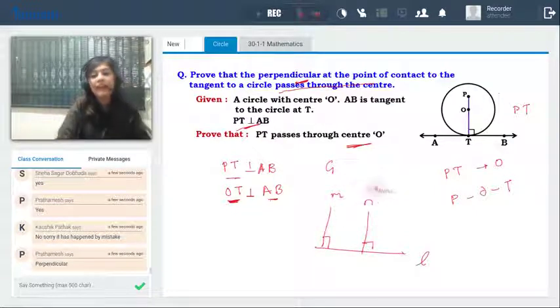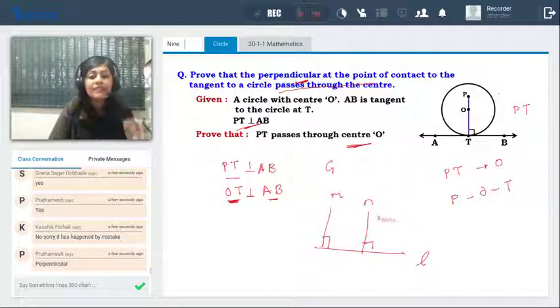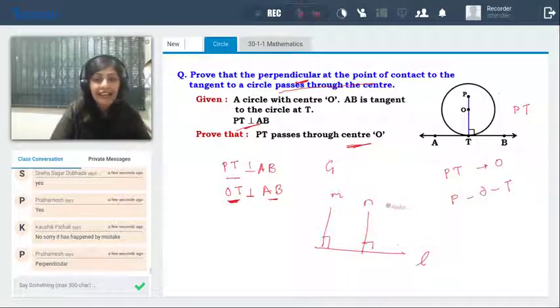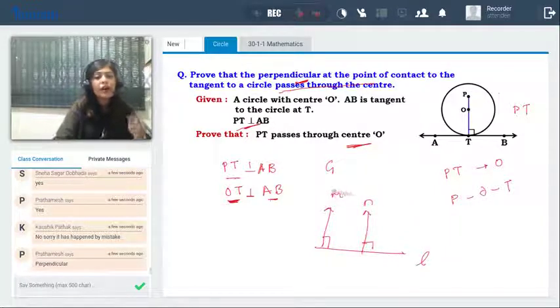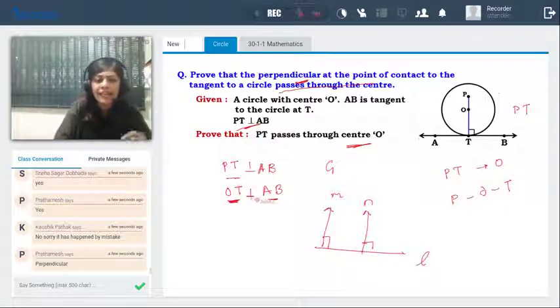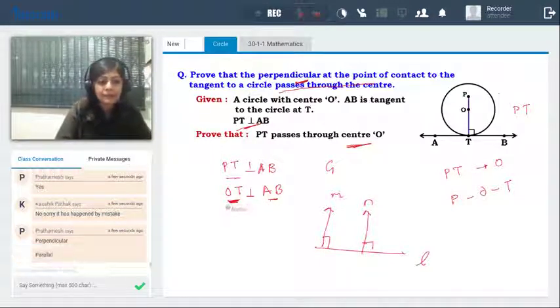So say M and N are perpendicular to the same line L. Students, observe, I have line L and I have M and N perpendicular to the same line L. What can I say about M and N? Students, can we conclude anything about the relationship between M and N? What kind of lines are M and N?